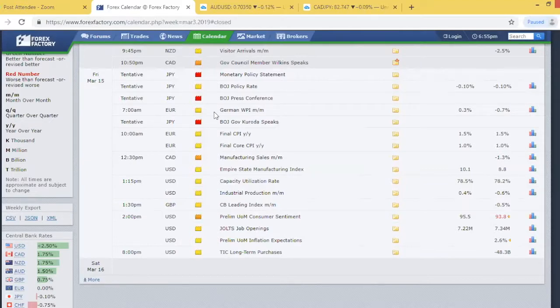The reason being, guys, is because we have a major fundamental event due to take place, of course, with the UK expected to leave the European Union in just over a couple of weeks. So we're expecting these major fundamental developments.